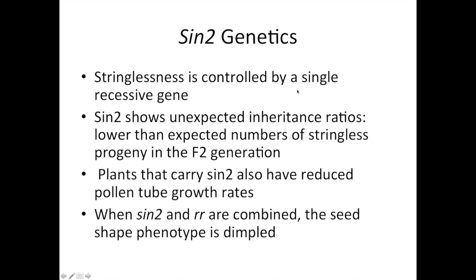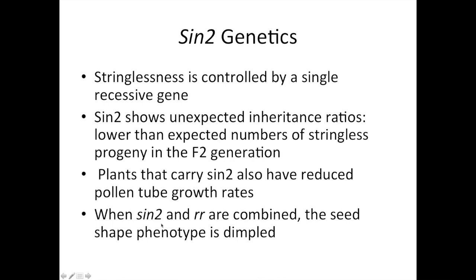The stringlessness is controlled by a single recessive gene, and it shows distorted segregation ratios. You get way fewer stringless types than expected if you make a cross and you look at the F2 generation. What causes this is that the SYN2 gene also reduces pollen tube growth rates, so that the pollen is less competitive than normal pollen, which causes the distortion in inheritance.